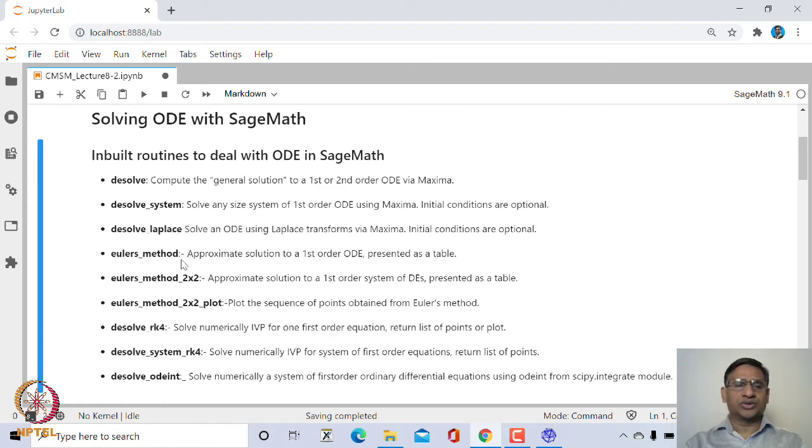And then it also has numerical methods like the Euler method. You can have the Euler method for a 2 cross 2, that is, first order system of ordinary differential equations, and then you can also plot the graph of the solution of a system of ordinary differential equations. And then you also have the RK4 method, including the RK4 method for a linear system of first order differential equations.